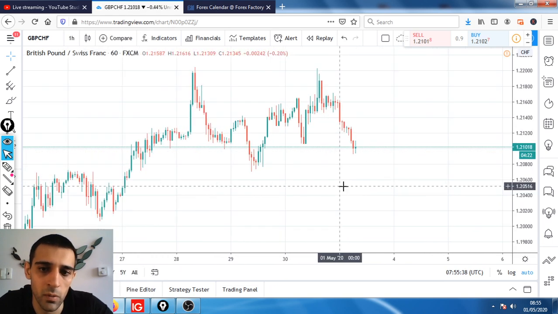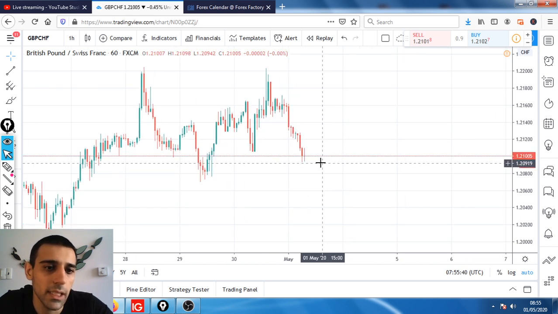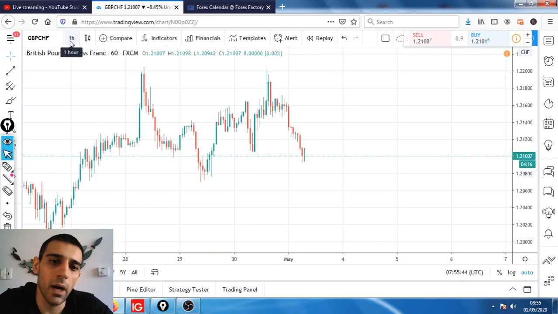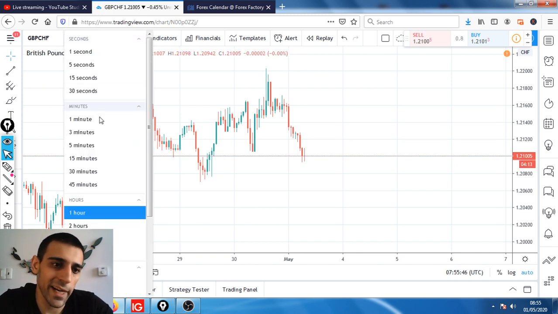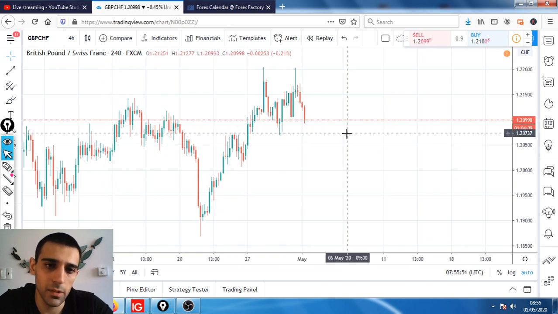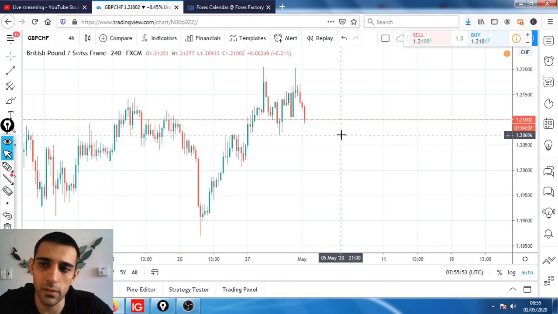So let's see on a 1 hourly time frame. Yeah, this one looks nice. However, I do want to see the price taking out this low down here, which is at the 120.70 zone.